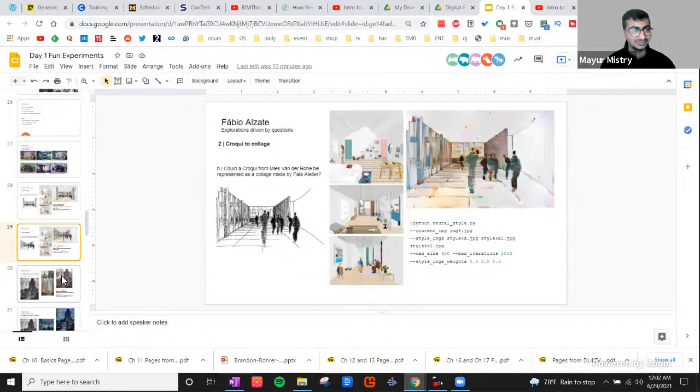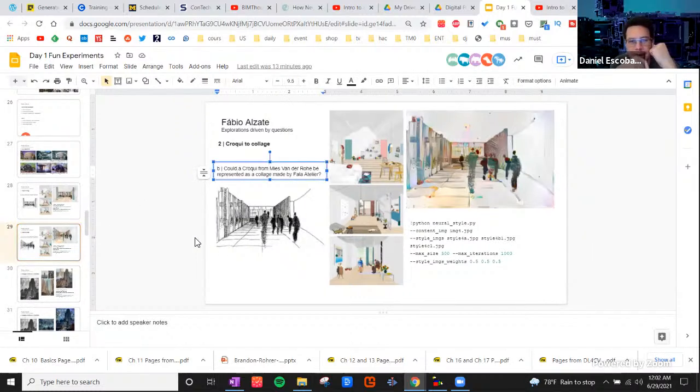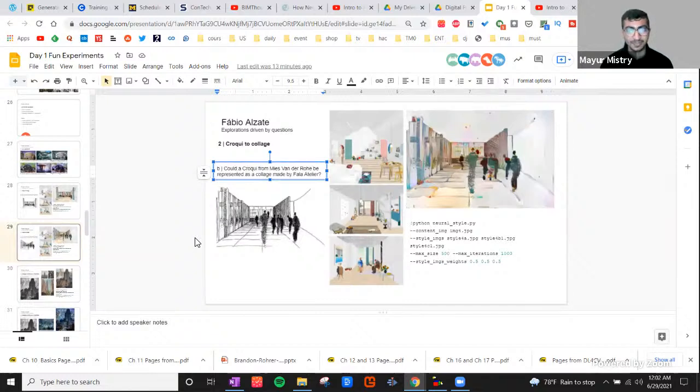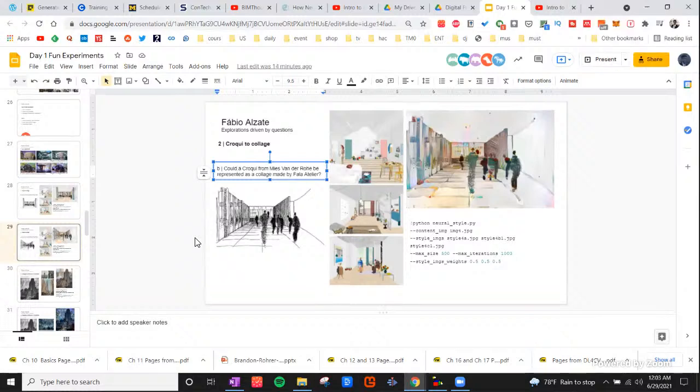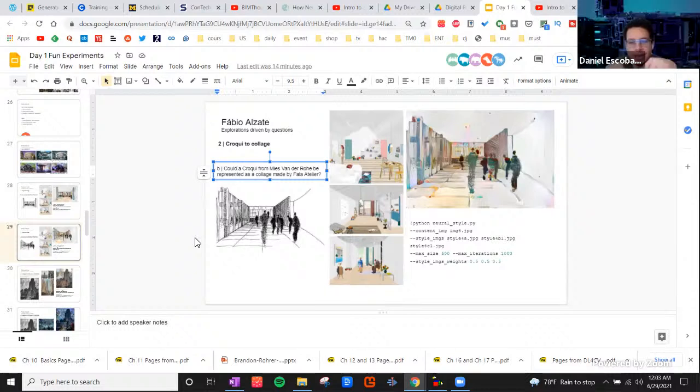What's interesting about this part is that if you're starting to develop a concept or design, this is that early stage where you can play around with these things and begin to see something that you might like, and then your designer eye comes in, and you begin to curate these things and put them together.